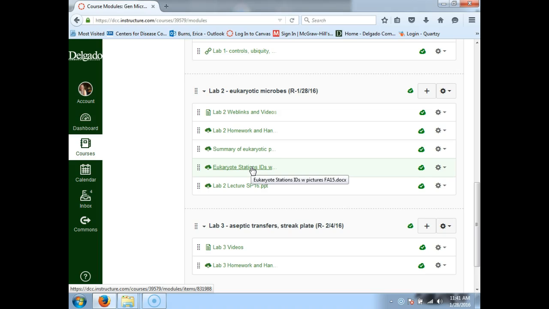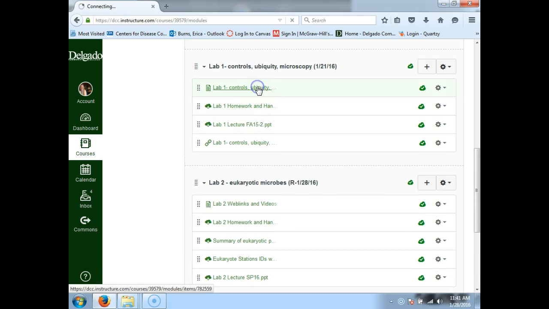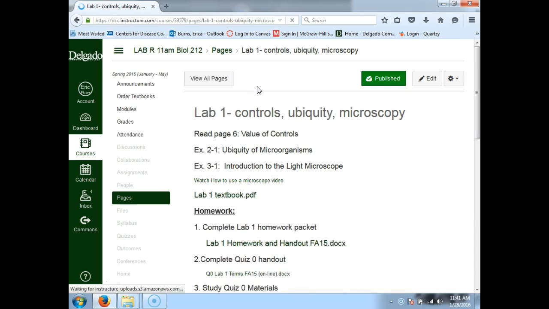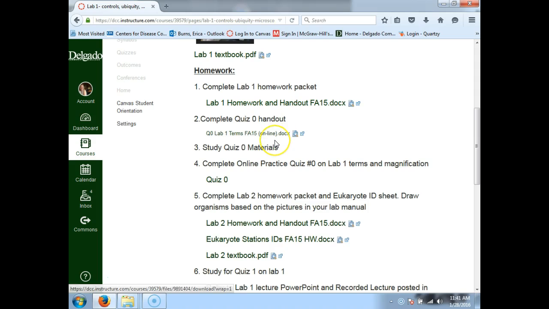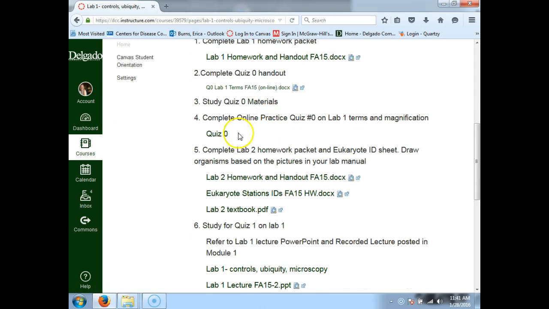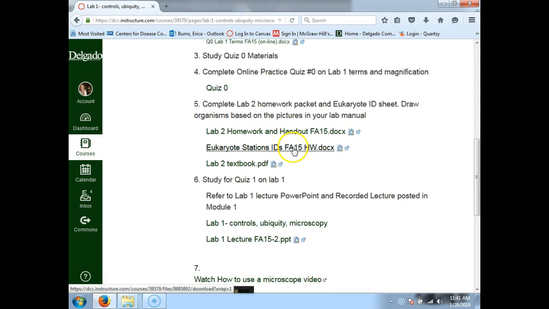So those pictures right there, so you guys aren't taking pictures of my pictures, I posted them for you. I just didn't do that ahead of time because remember, for homework you were to complete lab 1, do the terms, and take the quiz. That's a practice quiz. It doesn't count for points. You can still do it if you want to. It'll help you study.